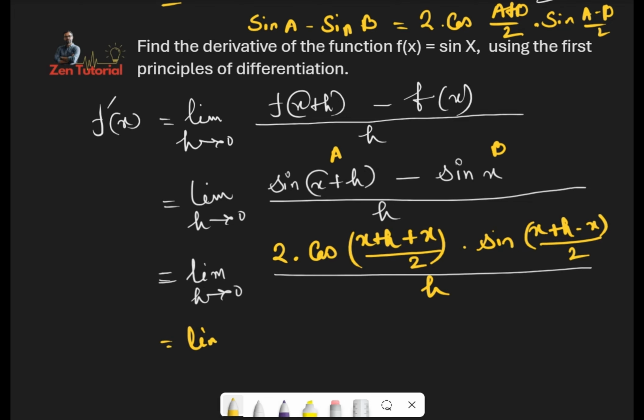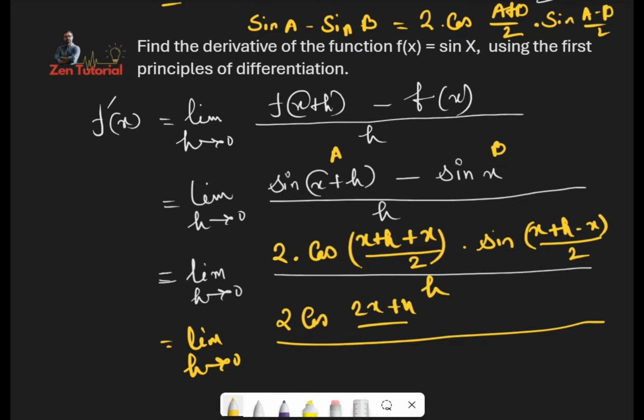Now limit h tends to 0, so here will be 2 cos of 2x plus h over 2, and sine, the x cancels out, so this will be h by 2, and this will be h.